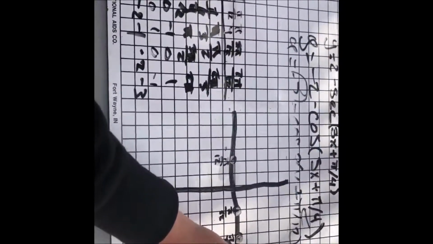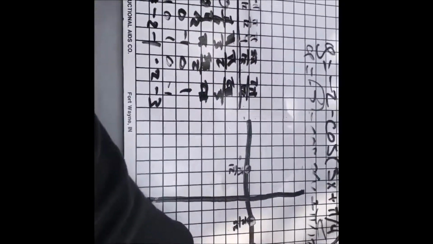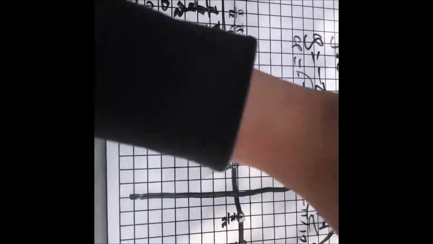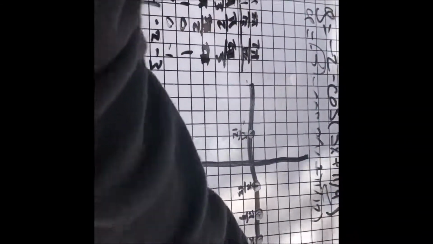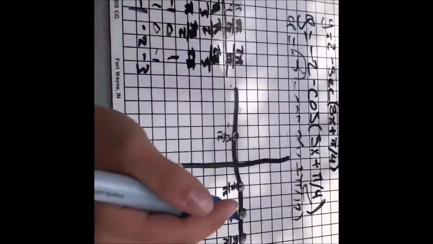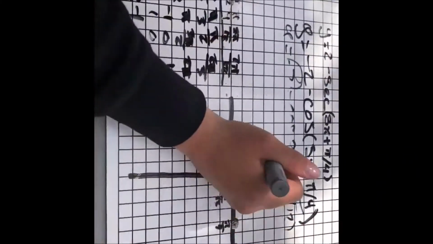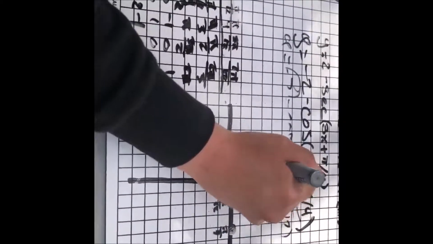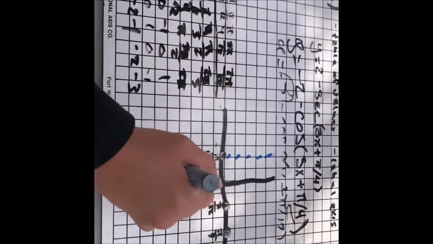Pi over 4. 5 pi over 12. And then 7 pi over 12. Now we're gonna graph them, right? Make sure to put in the asymptotes. So we have zeros over here. 2, 3, 4. Okay, hold on. Okay, and then we put 1 over here.